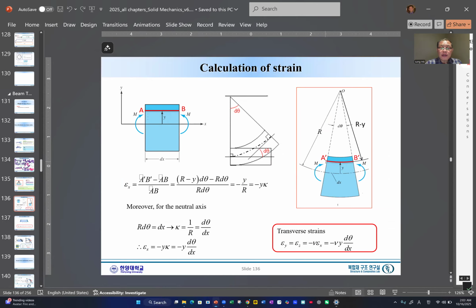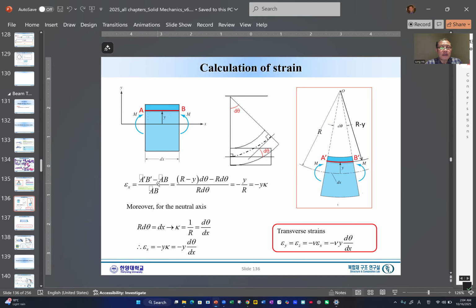Let's say there is a line AB before deformation and then after deformation. The strain will be simply the length after deformation minus the length before deformation, divided by the length before deformation.